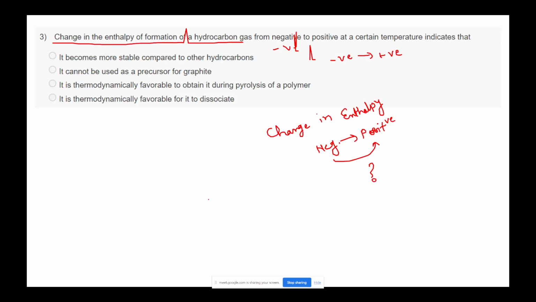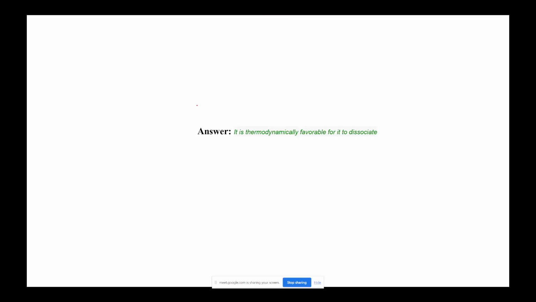Here it is asking about the change in enthalpy of formation going from negative to positive, and what this indicates. It becomes more stable compared to other hydrocarbons. It cannot be used as a precursor for graphite. It is thermodynamically favored to obtain during pyrolysis of a polymer. It is thermodynamically favorable for it to dissociate.